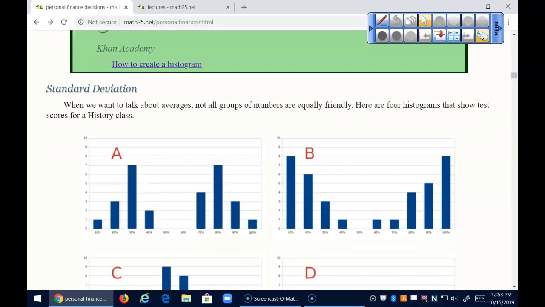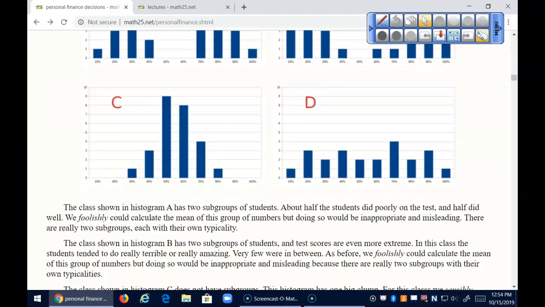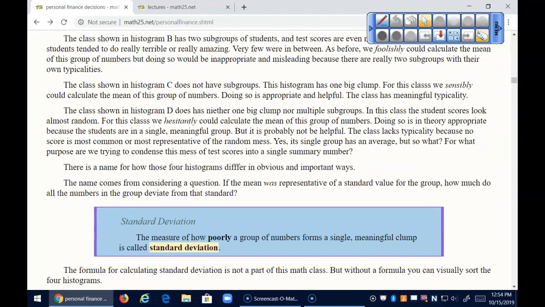One last bit of vocabulary about the mean is that we want the mean to describe what's typical of the group. And we need a word to describe how well it does that. So that word is down here, the standard deviation.